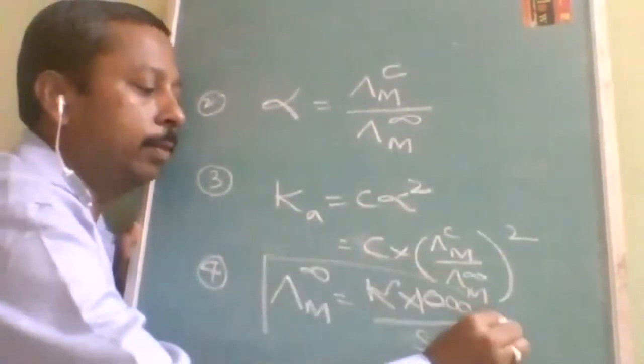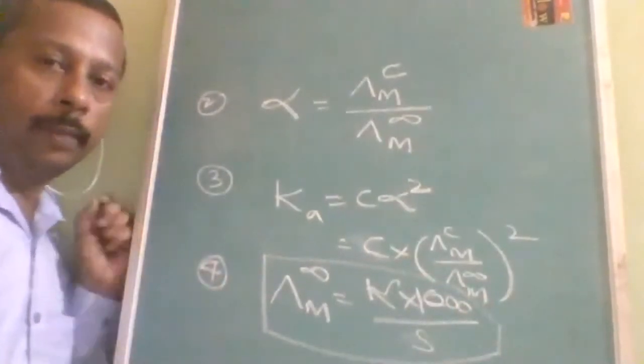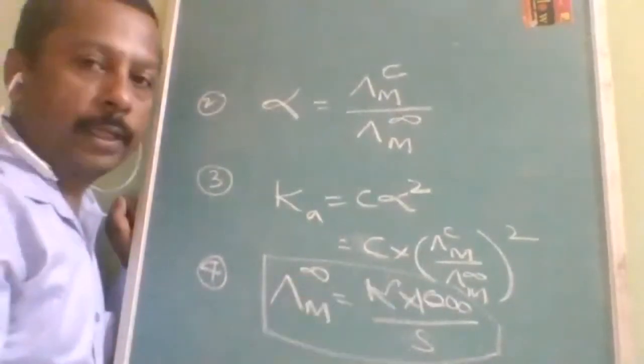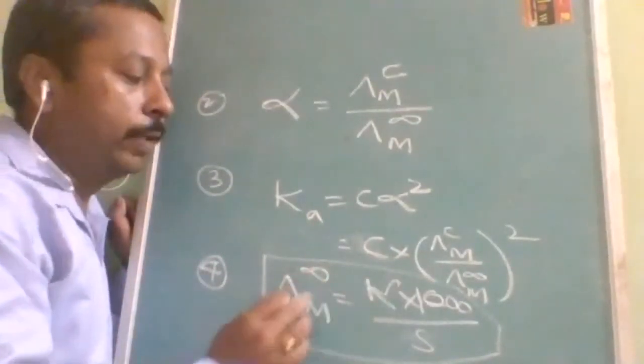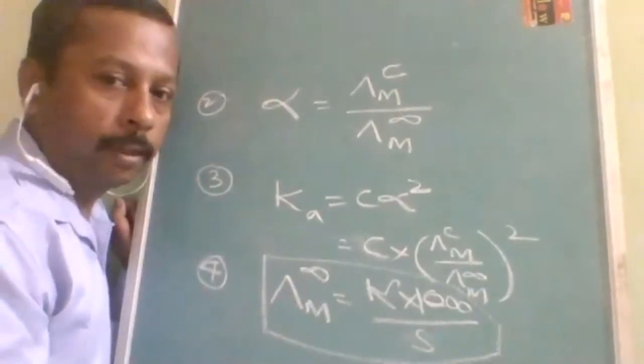With the help of the solubility, what can you find out? Ksp, the solubility product. This is the maximum possible; this much amount we cannot dissolve. So whenever it is at equilibrium, that molarity itself is called the solubility.